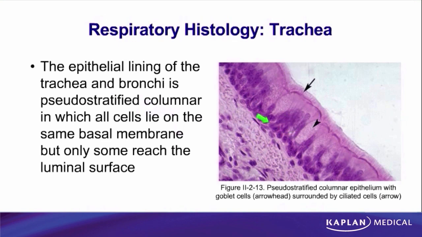So here is the epithelial layer of the mucosa. Here's the lumen of the airway. What we see for the epithelium is that typical pseudostratified columnar epithelium. Looks like multiple layers, but we know all those cells are really reaching the basement membrane. And we see that those cells are ciliated.